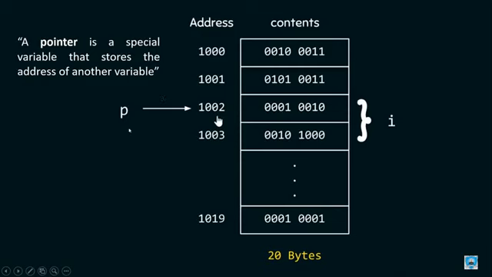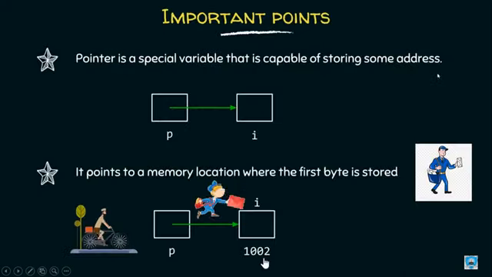I again repeat, a pointer variable stores the location of this particular memory block, and this memory block stores the value. So I think you understand the definition of a pointer by this.